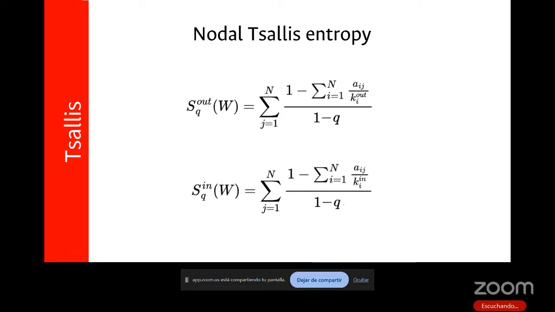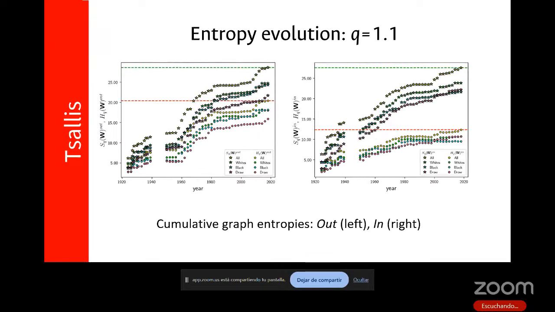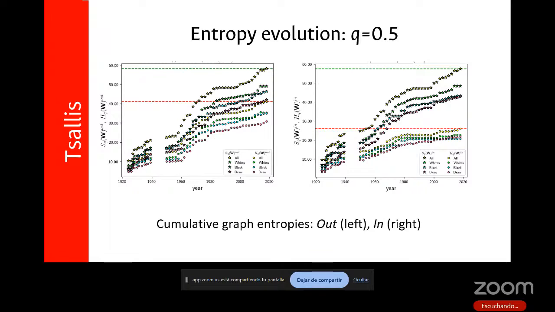Tsallis entropy, in this case, is for the degree, and this one out, in. And the other one is for the strength, just in a similar way as we defined it for the previous case. So let's explore a bit.